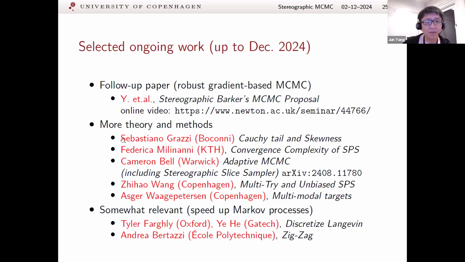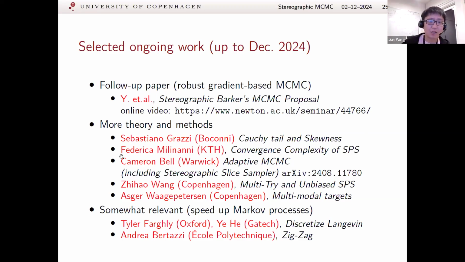For more theory and methods, let me emphasize the first two works. The first is joint work with Sebastiano. We change the stereographic projection to a slightly different version. Then we can fit up to Cauchy tails, we can get uniform ergodicity, and we can also adapt to the skewness of the target.